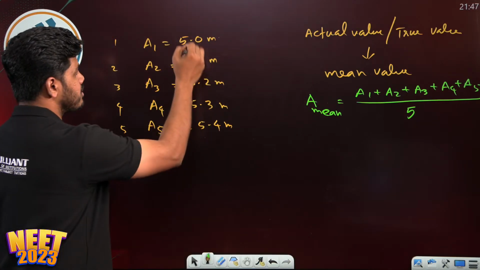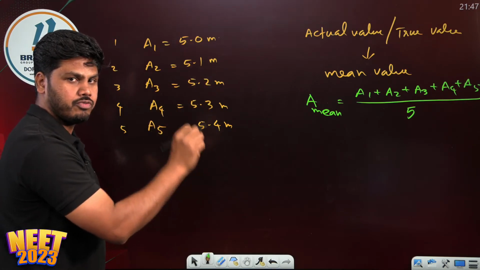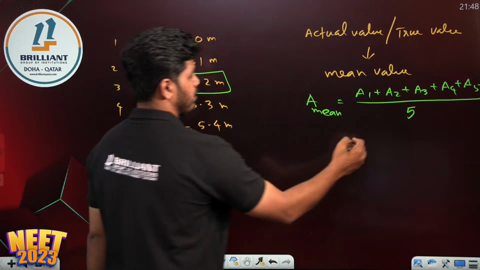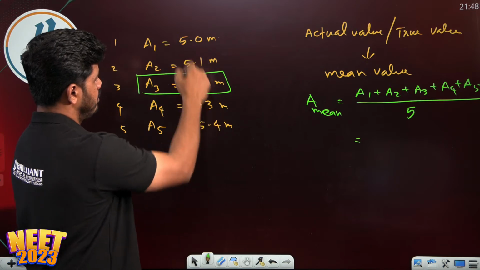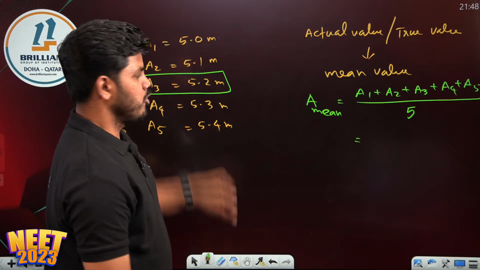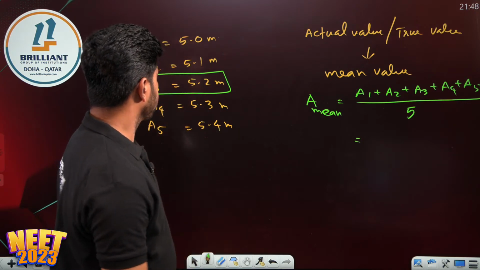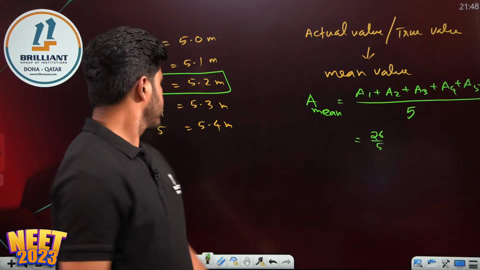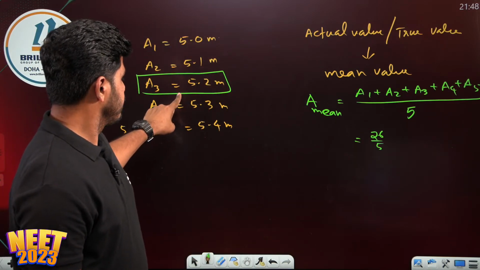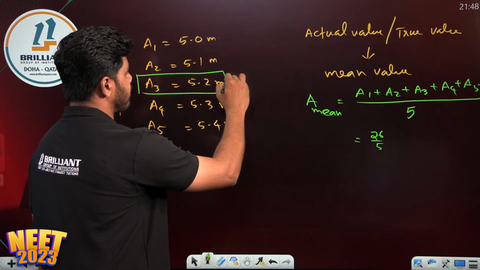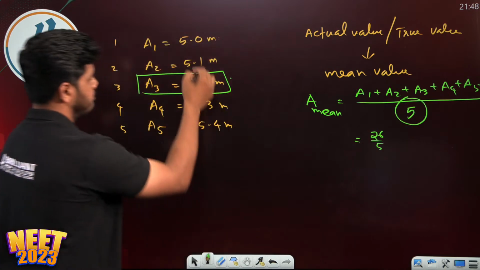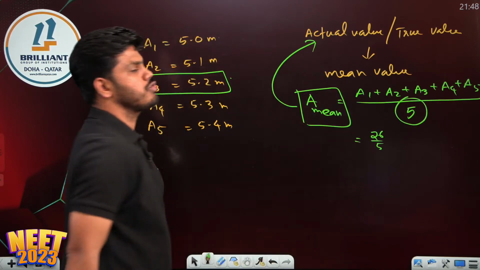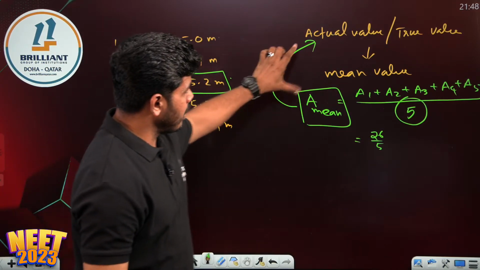Even if you calculate it, 25 is going to be 26, so 26 by 5, we will get 5.2. So this is the mean value obtained, correct? This is considered to be the true value or the actual value of the measurement.